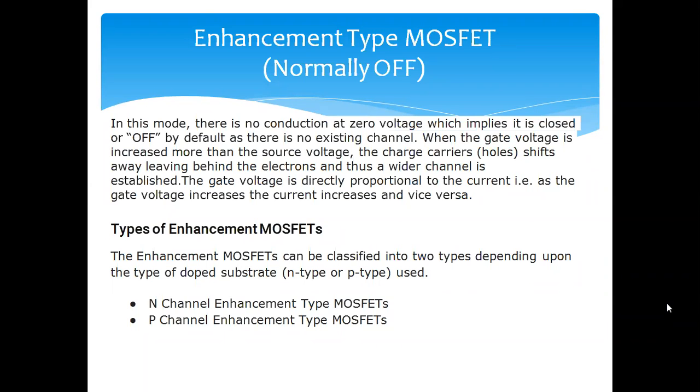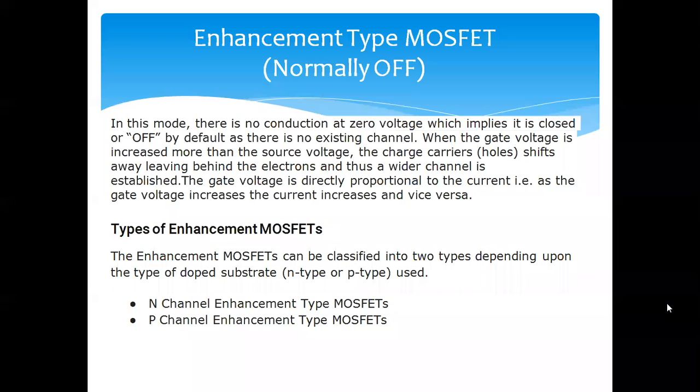In this mode there is no conduction at zero voltage, so the enhancement type MOSFET is also called a closed switch, because there is no current flowing without any application of voltage. The depletion type MOSFET is called an open switch, because there is some quiescent current though you have not applied any voltage. That's why the depletion type is normally on, and the enhancement type is normally off, or a closed switch.